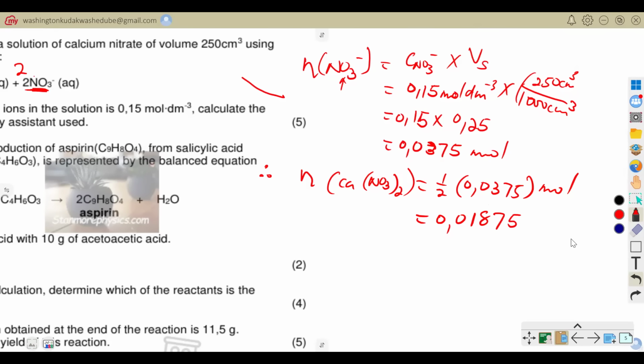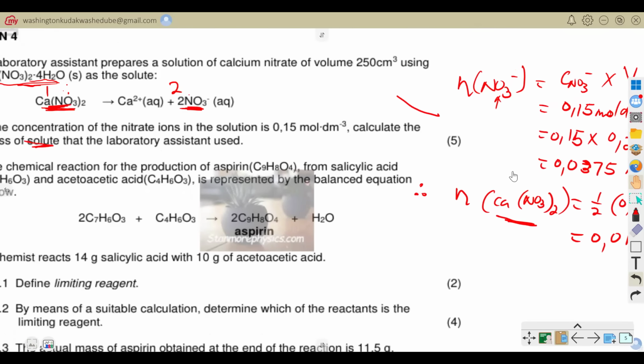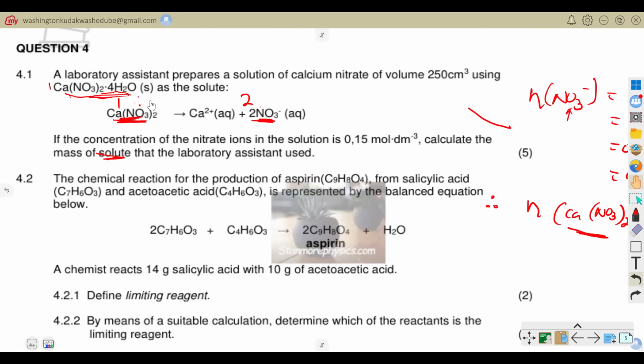So now I have the number of moles of calcium nitrate. Like I said, if you dissolve hydrated calcium nitrate in solution, you are going to get the same number of moles of calcium nitrate as the number of moles in that hydrated calcium nitrate. So the number of moles here is the same as this.